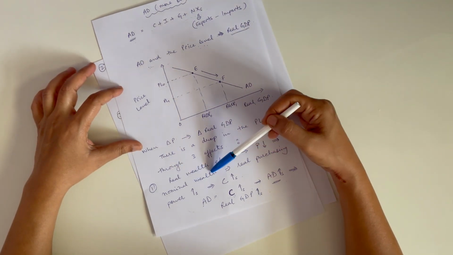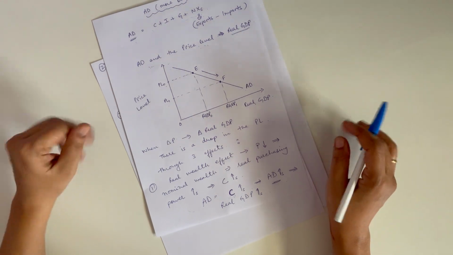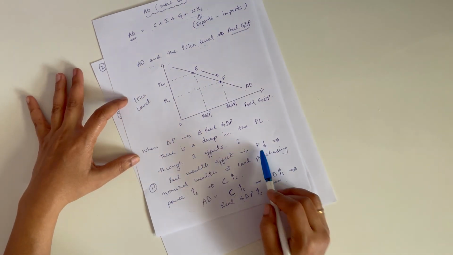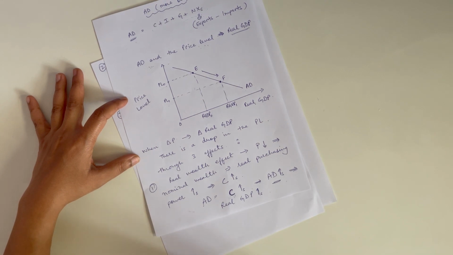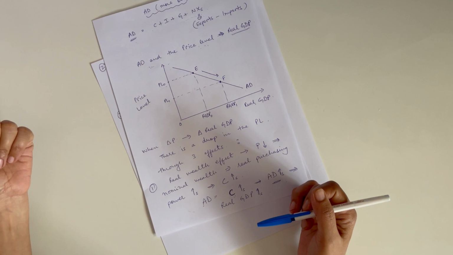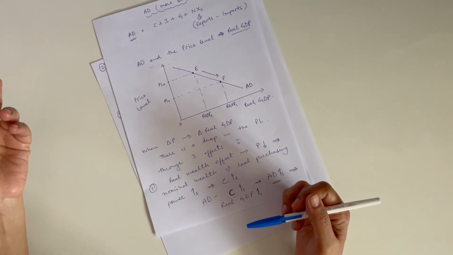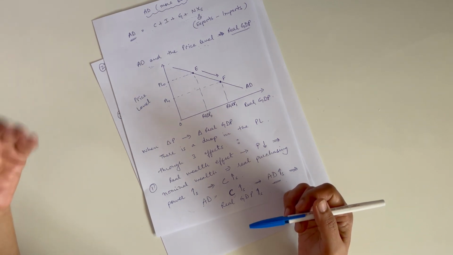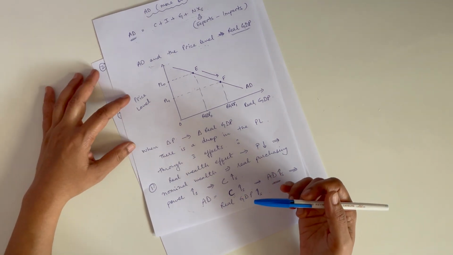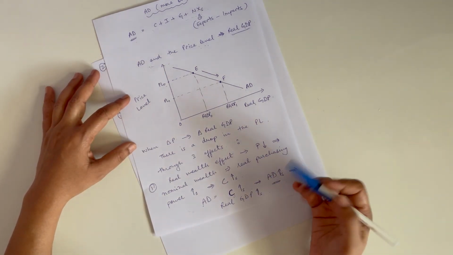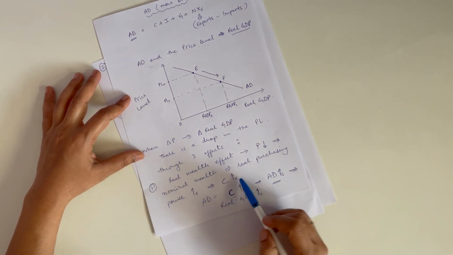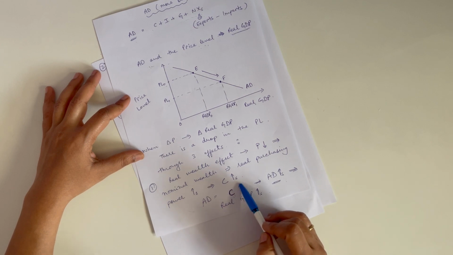So if your nominal wealth is constant, your nominal income is constant, everything is constant, and there is a fall in the prices, what happens is your real purchasing power increases, right? Now with the same amount of income you can buy more goods because the prices have gone down, so your real purchasing power goes up. So now when your real purchasing power goes up, then basically you start consuming more.